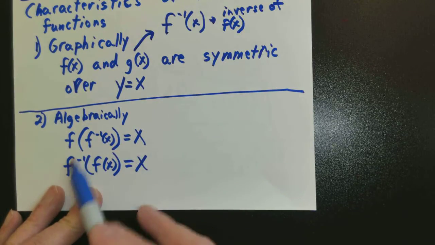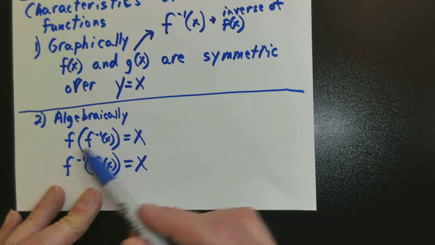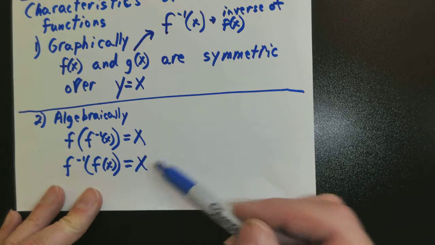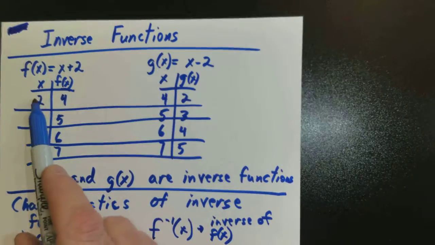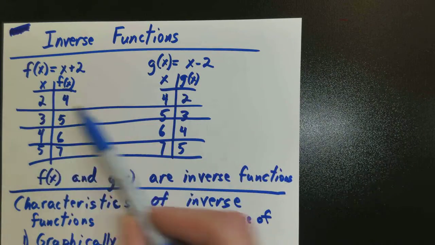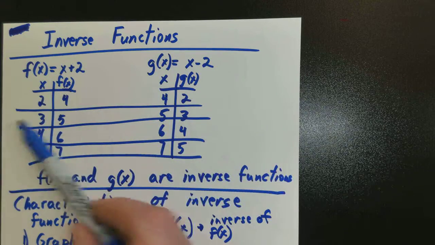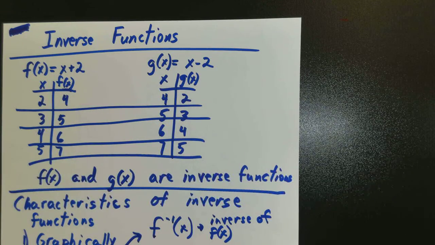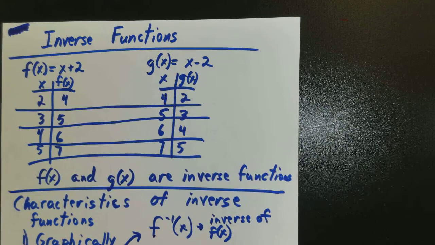Algebraically, you use composite functions. If you get x in both arrangements, they are inverses. Numerically, if the tables are switched around, then that shows that they are inverse functions. Okay? I didn't talk about numerically there.